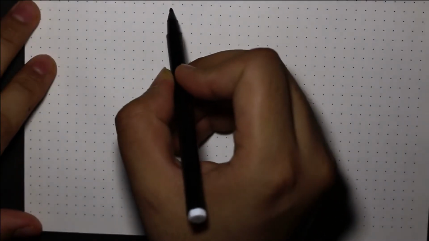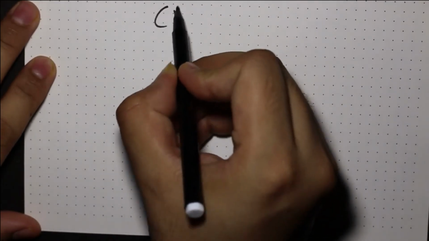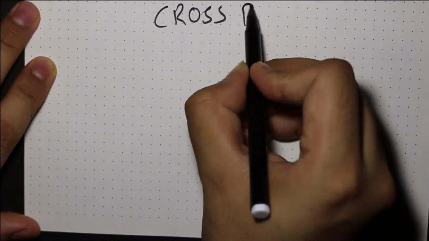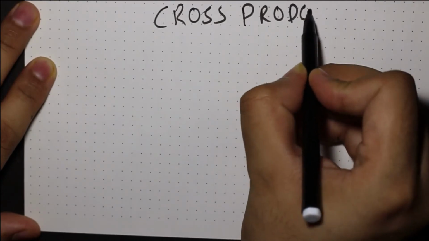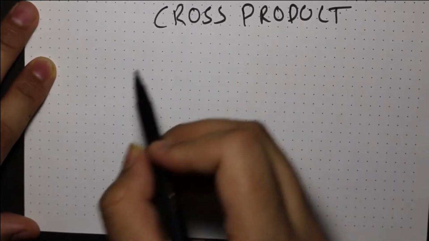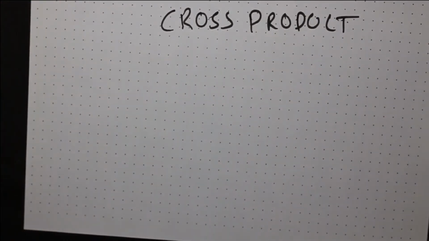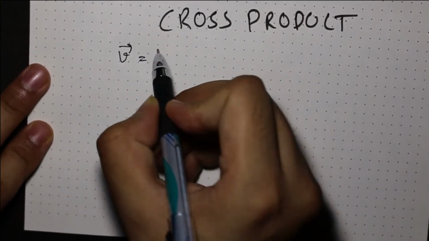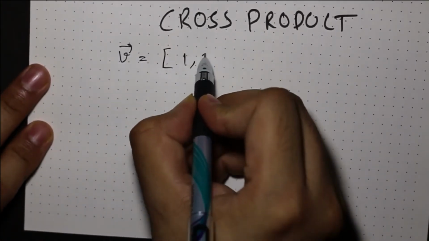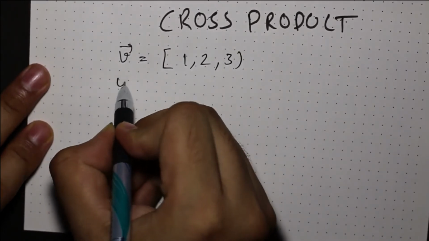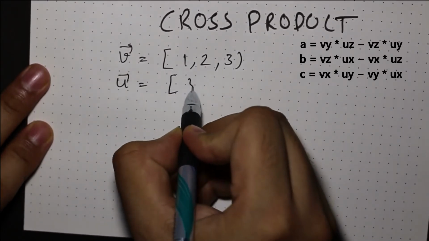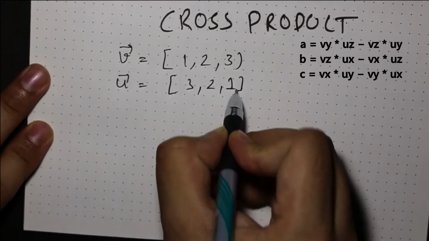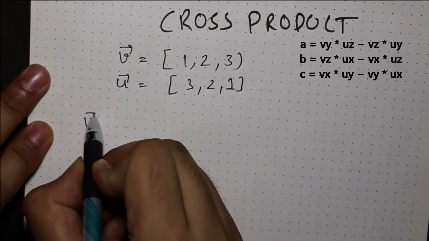The third kind of multiplication is to calculate the cross product of two vectors. This produces a new vector that is perpendicular to the original two vectors in three-dimensional space. So it really makes sense to use three-dimensional vectors to calculate a cross product. Now to calculate the cross product, you need to calculate the individual elements of the resulting vector. You might see a formula for calculating them on your screen.